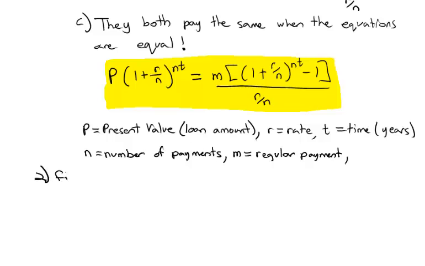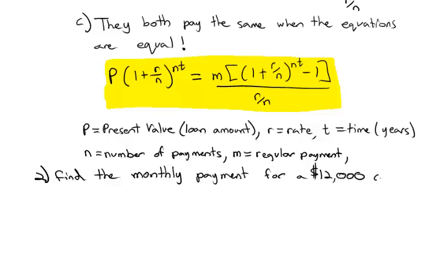We're going to find the monthly payment for a $12,000 car on a 5-year loan at 3.8%.